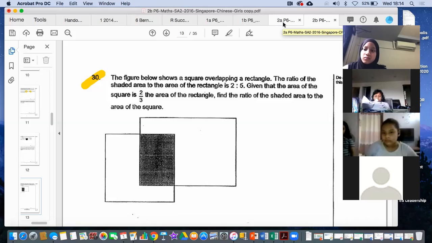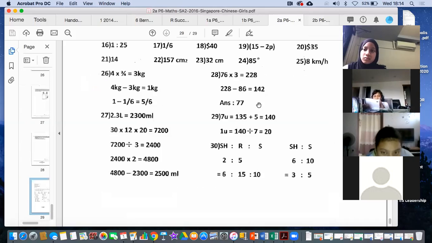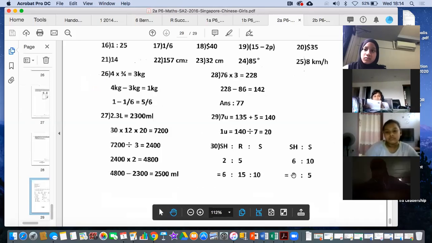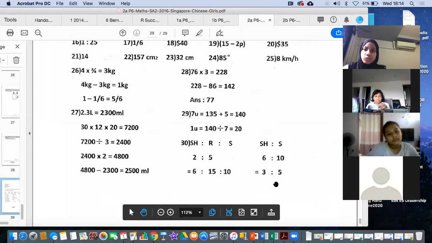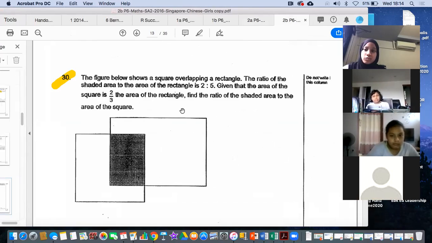Only Rahana did. The answer for number 30 is not 6. It is 3:5. Let me see, what did they ask you? Find the ratio of the shape. So 3:5. Okay, never mind.